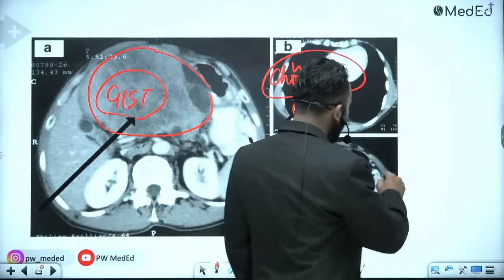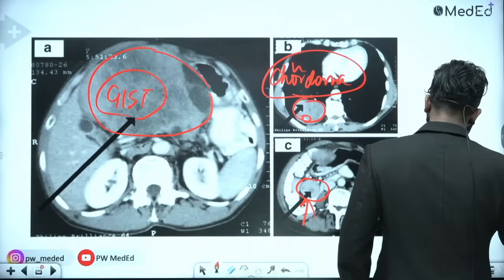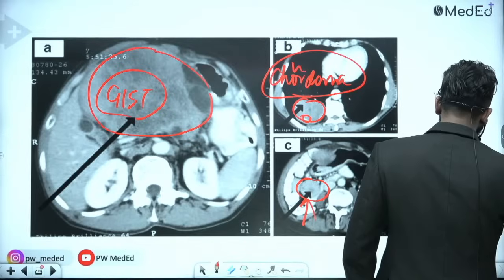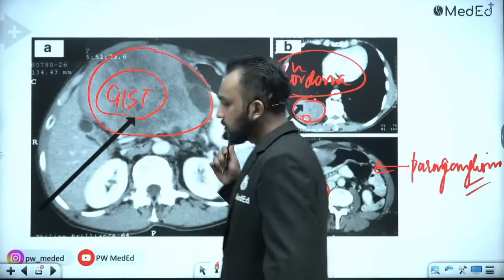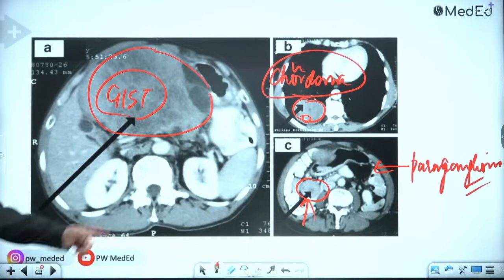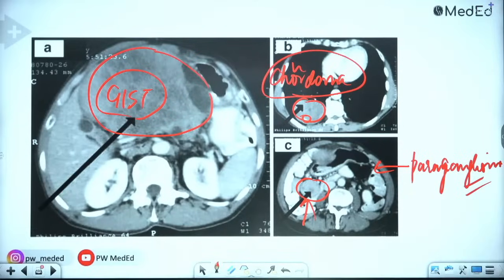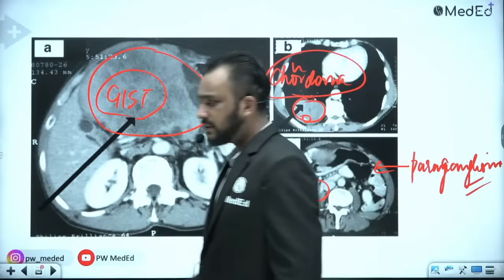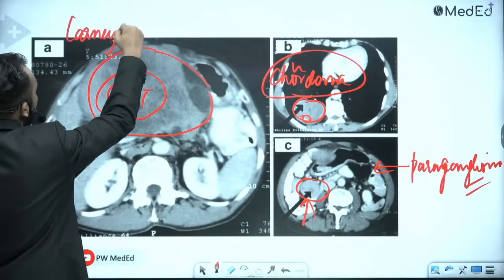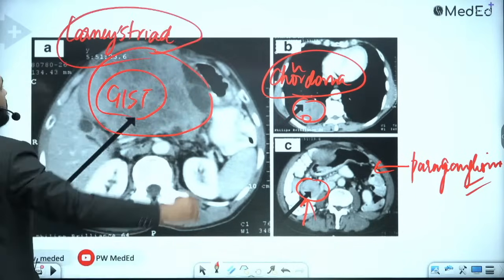That was your paraganglioma. So can you tell me what is this triad of paraganglioma, chondroma and GIST? Anyone? Yuvraj, Yashwant, Pratham, anyone who can tell? This is your Carney's triad. Right?